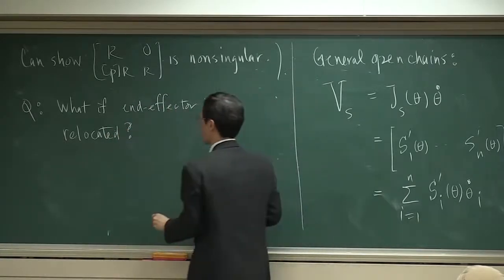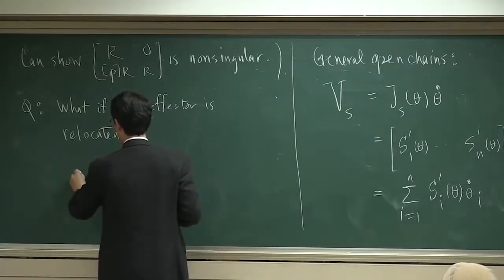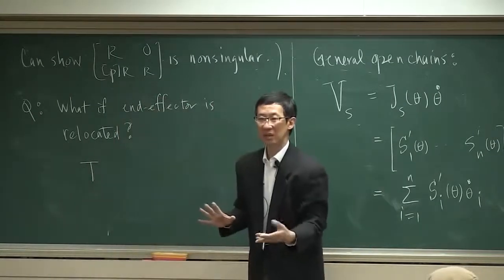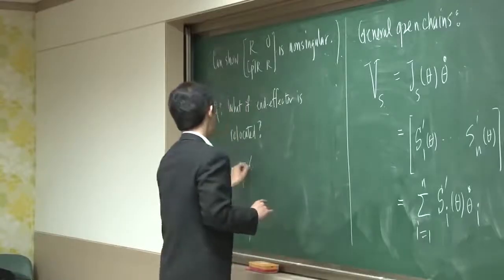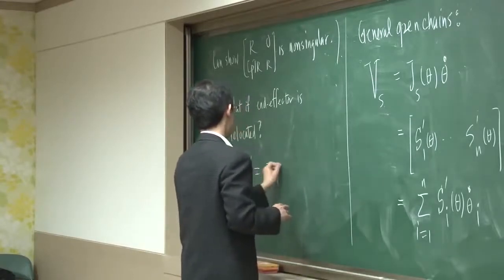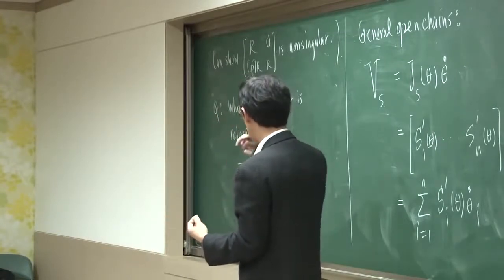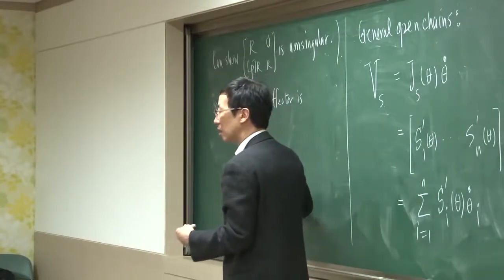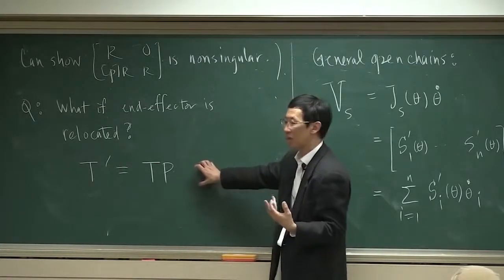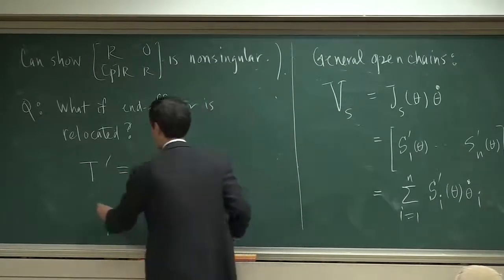Okay, so if that's the case, then we now have a new location for the end effector. So let's call that T prime. T prime is what? T times some constant P, a constant rigid body transformation P. Now, if we calculate the Jacobian for this new end effector frame, we can do that.